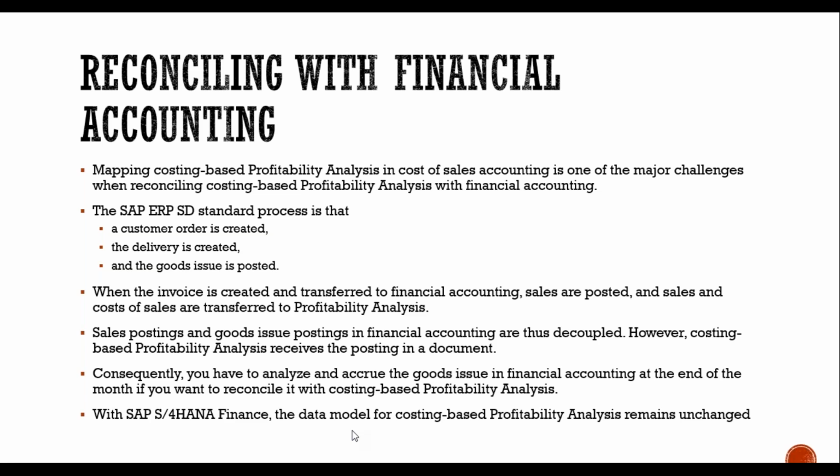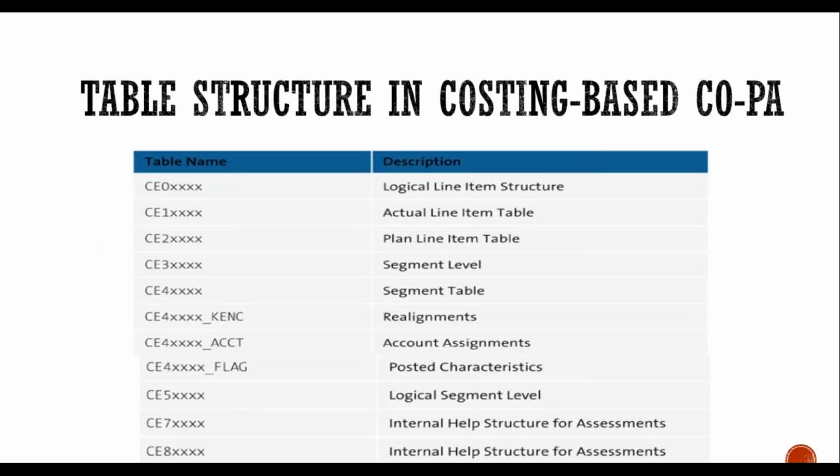Whatever tables were used in the background, whatever functionalities, whatever configuration, whatever master data, everything will remain the same in case of costing based COPA. So costing based COPA, no change at all in S4HANA. These are the tables which we were using in costing based COPA in ECC.